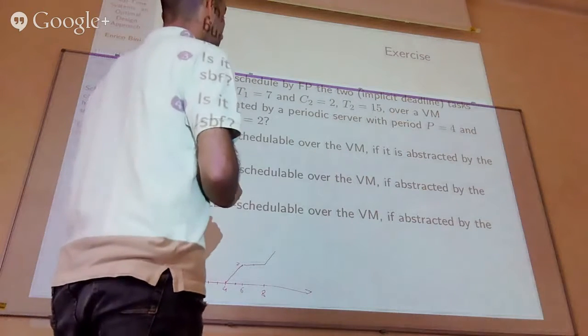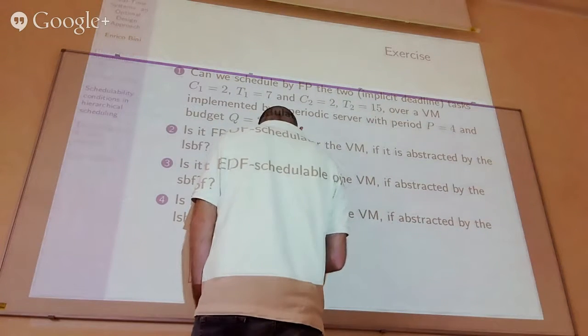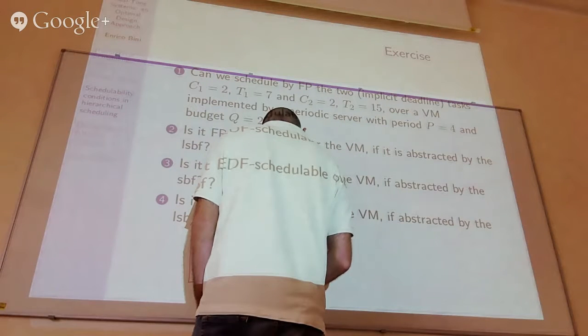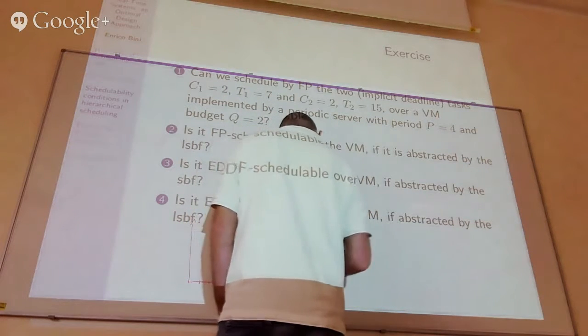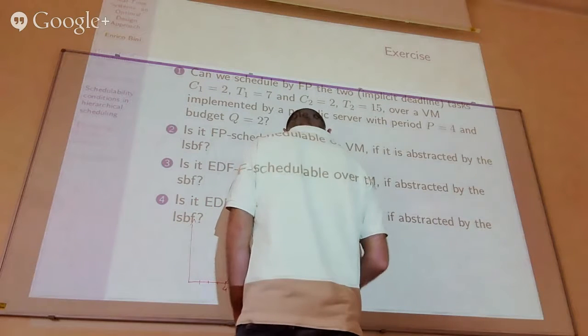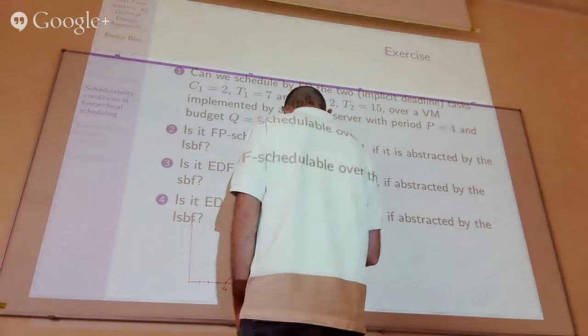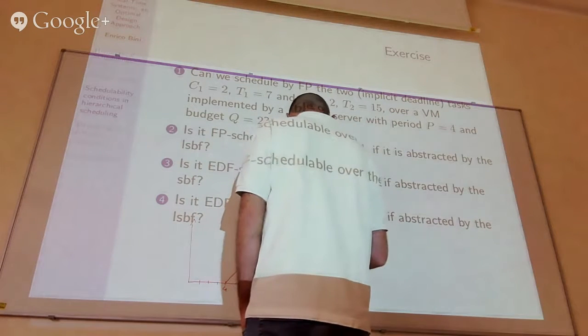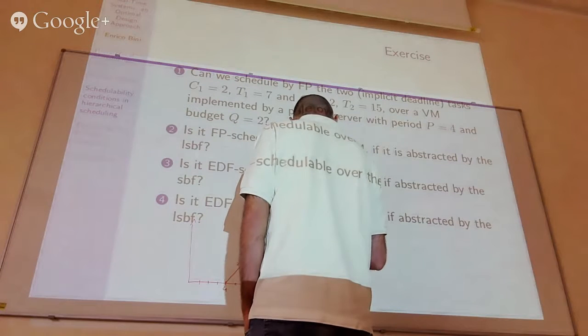So the period is 4. I need to do it for quite an interval. At 10 it's 4. Then at 12 it is 4, flat.